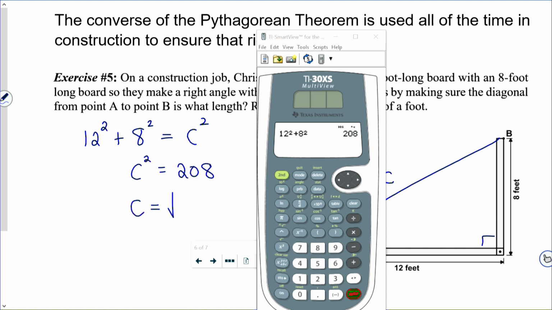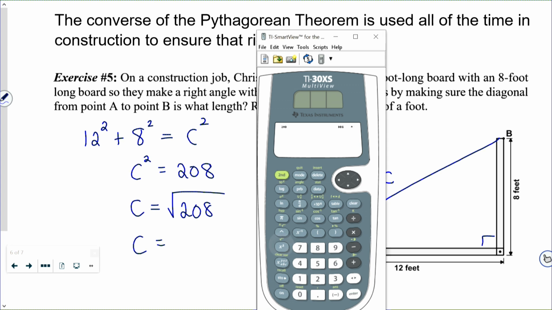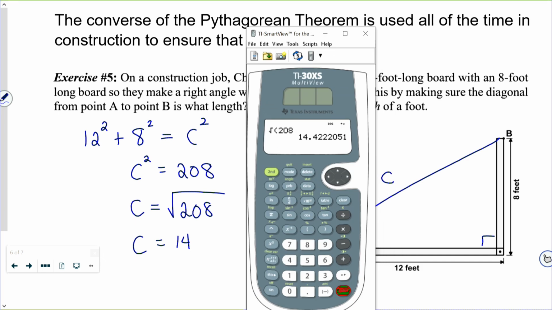And then I'm going to take the square root of 208. Rounded to the nearest tenth of a foot, that's 14.4 feet.